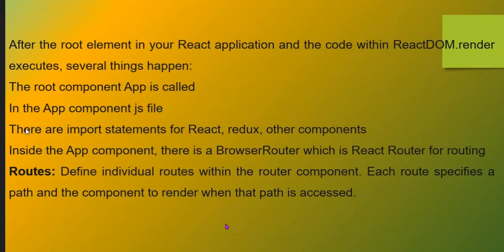In our application, we have a couple of imports like the React library, Redux library, and a few more details. One important thing I noticed in the App component is something called BrowserRouter. I got to know that it is one of the kinds of React routers.